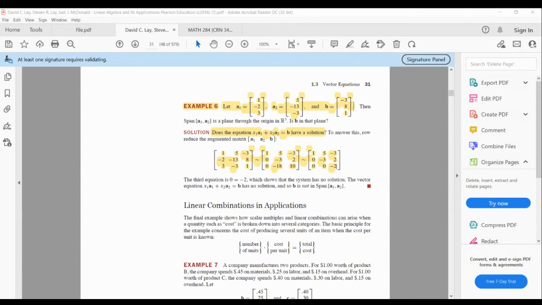And the third equation is 0x1 plus 0x2 equals -2, which has no solution. This means that the vector B is not in the span of A1 and A2.